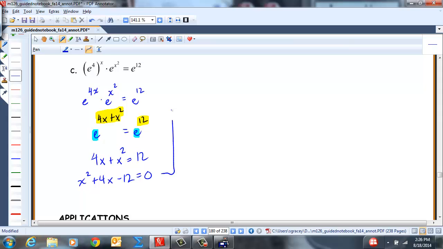And let's see what we get. We'll get, I think that factors 6 and 2 have a difference of 4, so that would be x plus 6 times x minus 2. That gives us a product of -12, and when you combine like terms, you'll get +4.